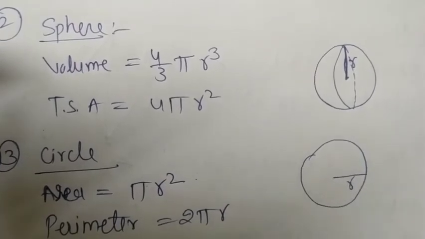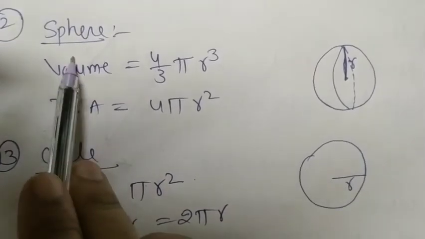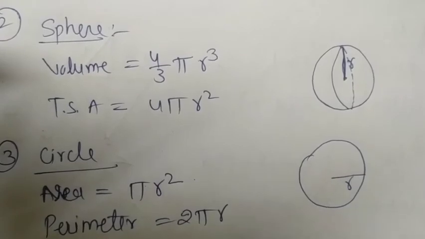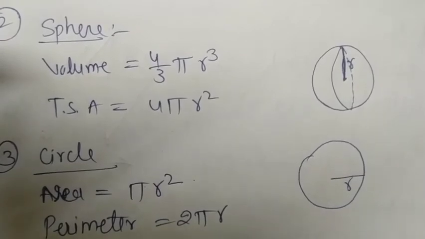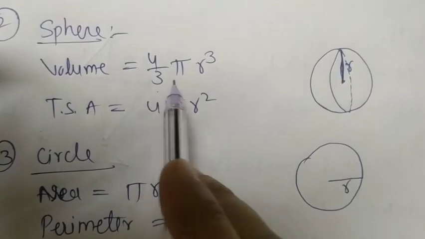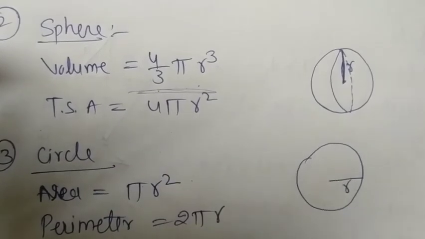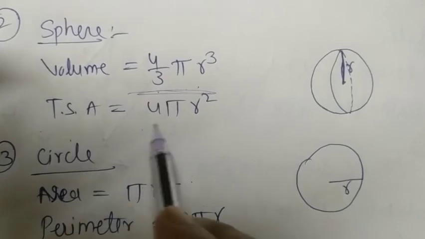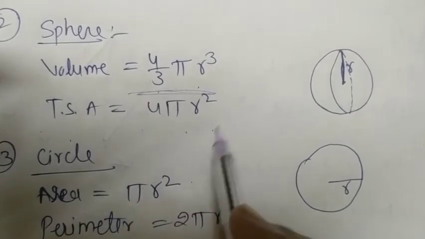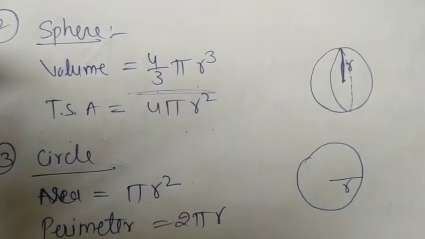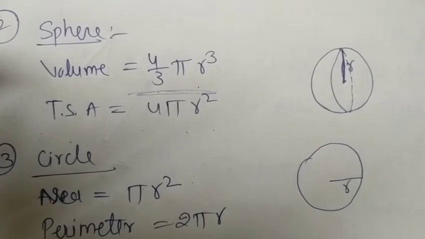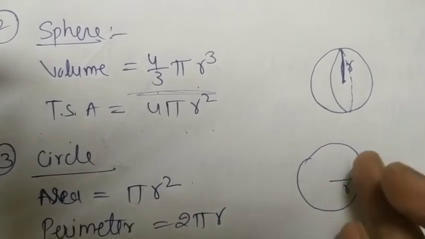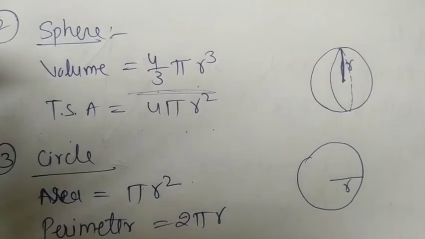Similarly, we have some more formulas. The sphere is just like a ball. This is a 3D shape. The volume will be 4/3 pi r cube. Just remember this. And TSA is 4 pi r square. Here the total surface area and the curved surface area will be the same because it does not have any bottom or top.